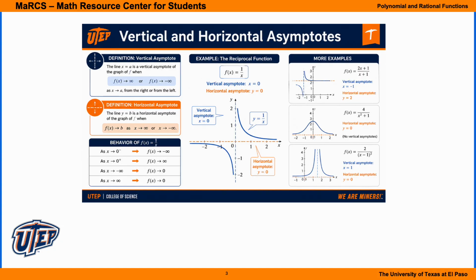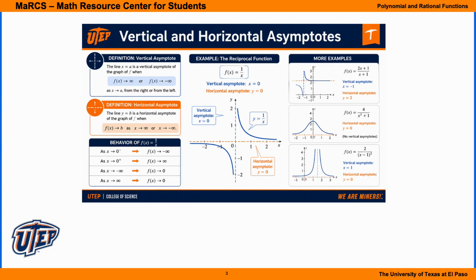So now we'll be analyzing the behavior of f of x equal to 1 over x. As x approaches 0 from the left-hand side, f of x approaches negative infinity. As x approaches 0 from the right-hand side, f of x will approach positive infinity. So that means the vertical asymptote for 1 over x is x equal to 0.